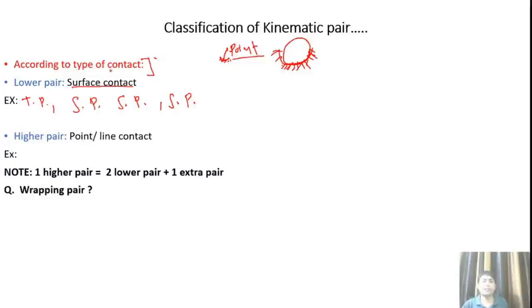You can see clearly like this. For example, this is hinged on this, our another link which can turn or rotate, and what will happen is a surface contact. Now higher pair, point or line contact.